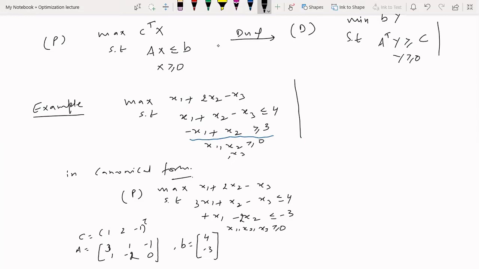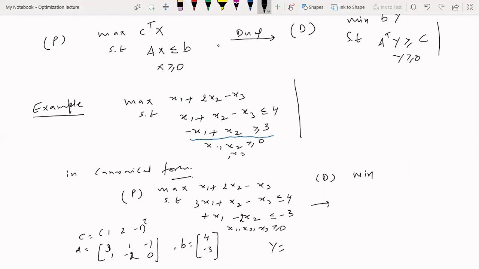The dual of this maximization problem is minimizing B transpose into Y. That means the right hand side is multiplied with the new vector y. How many components should y have?